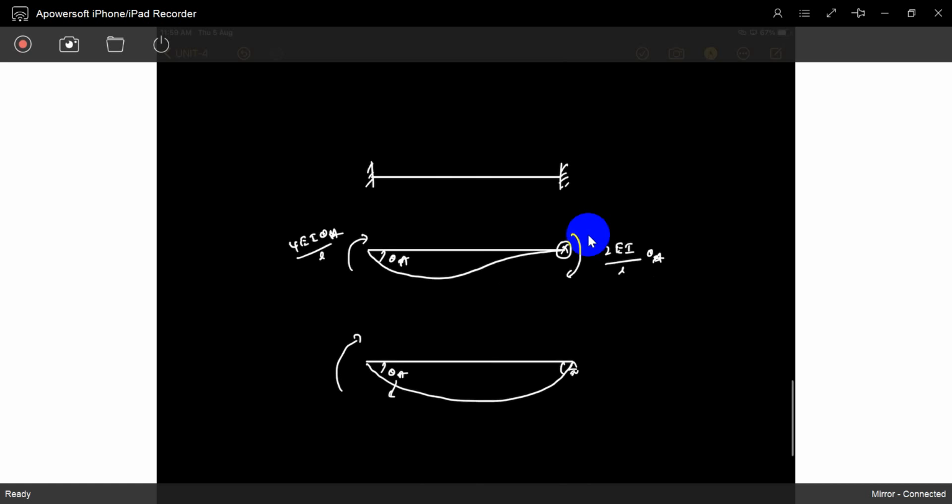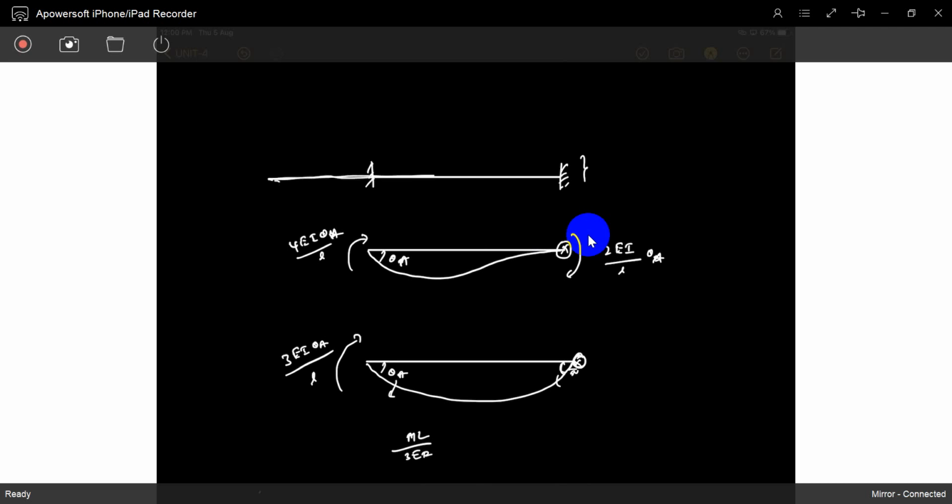We already said theta is ML by 3EI, or ML by 6EI. So if you apply 3EI theta a by L, this has theta, but there is no moment transferred to this location. Understood? There is no moment transferred to this location if it is a hinge. If it is a hinge, we just take it as intermediate.